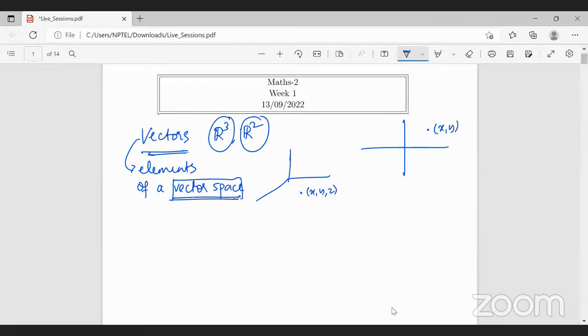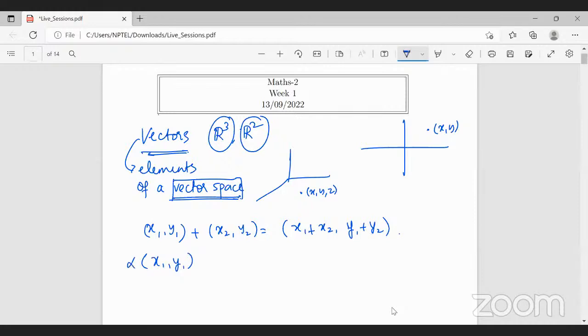If you take any two vectors in R2, you add them component wise. And what else? We know how to multiply a vector with a scalar.